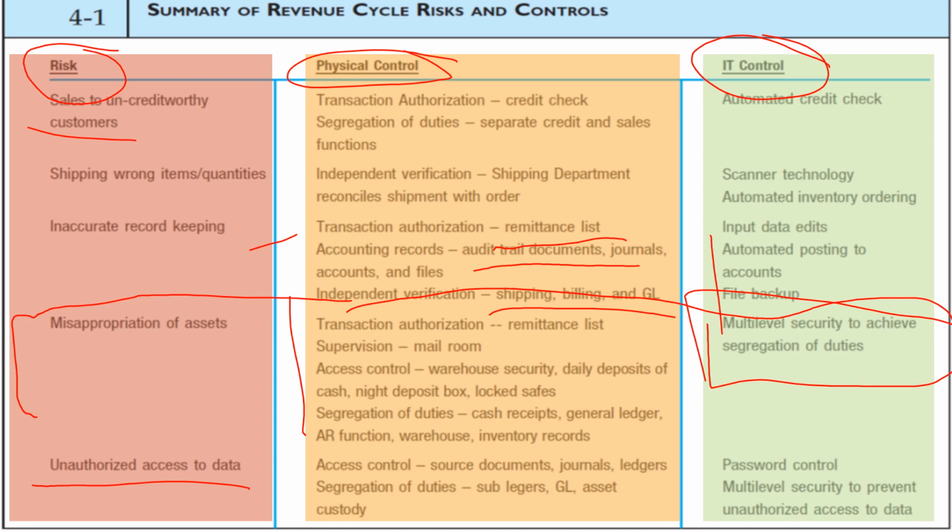The one who holds the subledger and also the general ledger, the assets custody, about the segregation that we explained last week. And then for IT, we have password control, multi-level security, and prevention of unauthorized access to data.